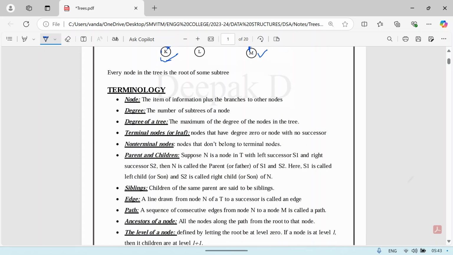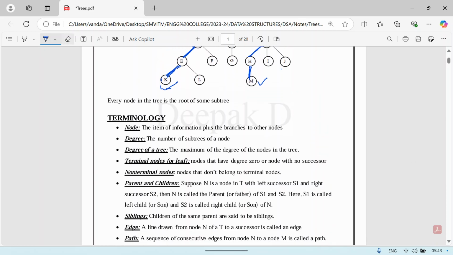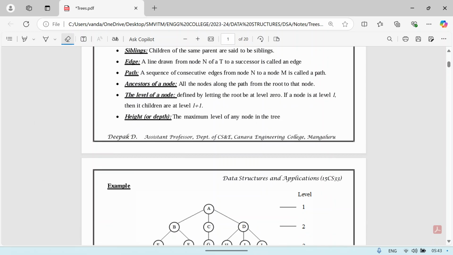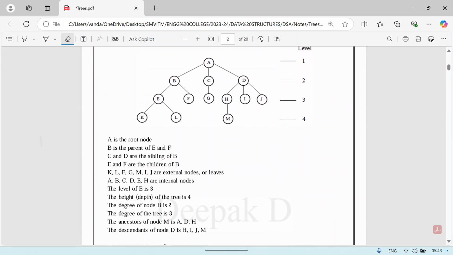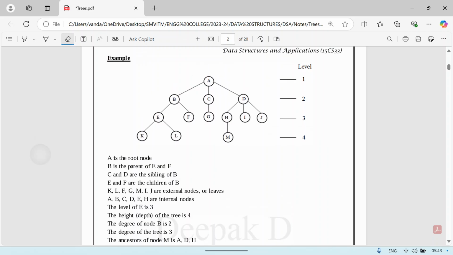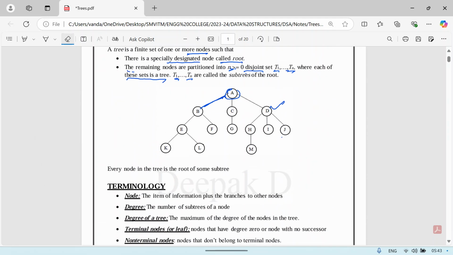Ancestor. The ancestor of a node. See, we usually say our ancestors like that.